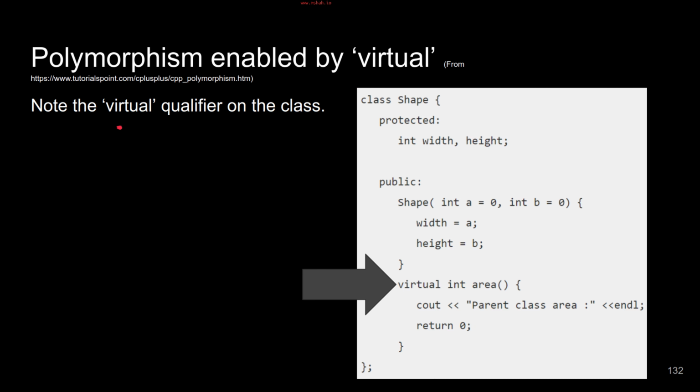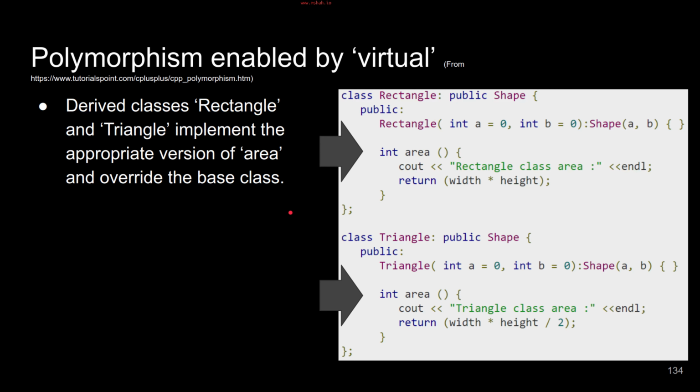The way we get polymorphism in C++ is with the virtual keyword that basically says, hey, any class that's derived from shape, like our triangle or rectangle class, they both have these area functions, but you want a specific way to calculate the area of a triangle versus the area of a rectangle. You can read a little bit more; there's a nice description on cpp_polymorphism.htm. Just some examples in there.